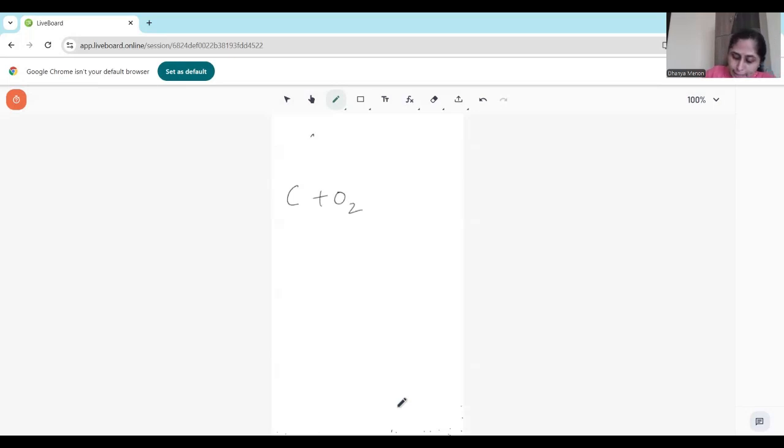It can give you CO, carbon monoxide, when it is incomplete combustion. Incomplete combustion means when there's less supply of oxygen. And it can also give you carbon dioxide when there's complete combustion, when there's a lot of oxygen. Now, when two elements, here carbon and oxygen, combine to give you more than one type of compound, right? You're getting carbon monoxide and you're also getting carbon dioxide.